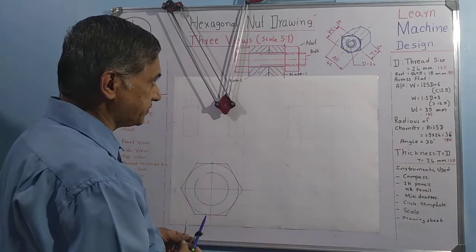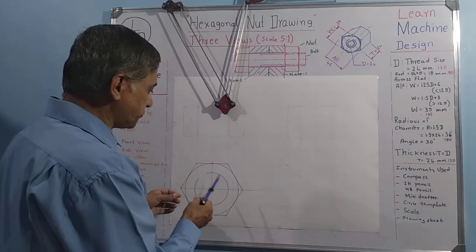Afterwards, what we have to do is draw the root circle also.